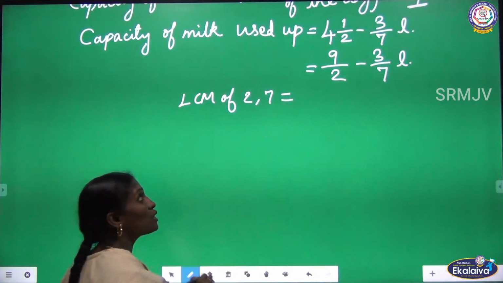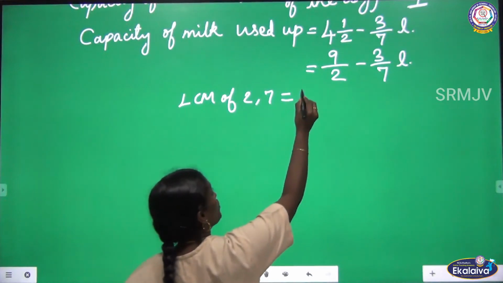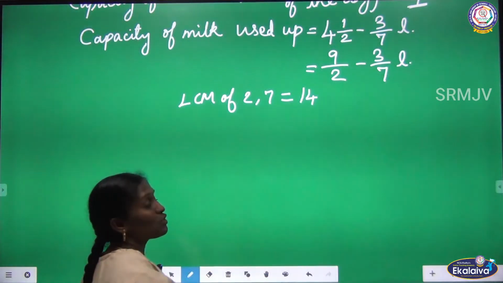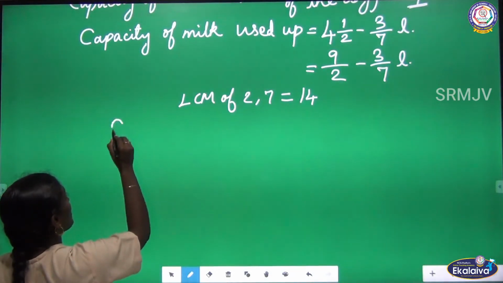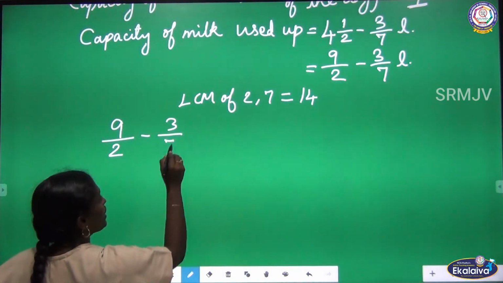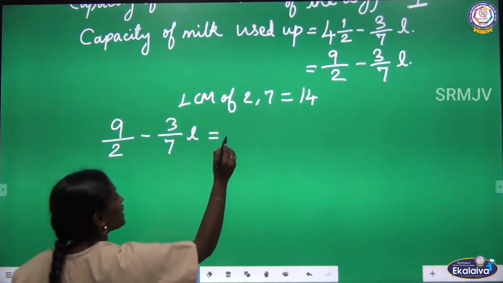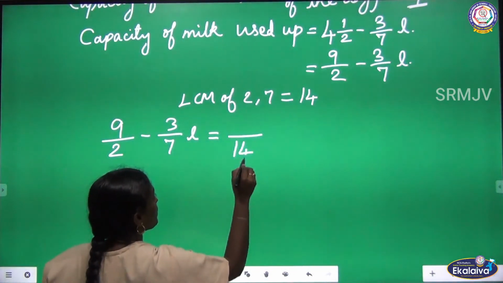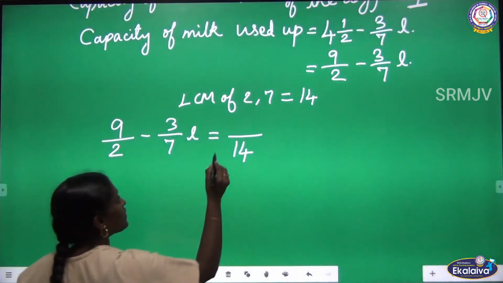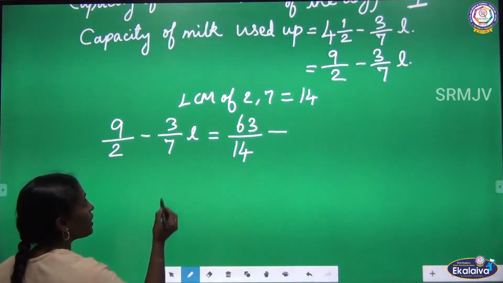Here, the numbers 2 and 7 are prime numbers, so the product of these two numbers is the LCM. 2 7s are 14. So 14 is the LCM. Now we have to convert these two fractions with the denominator 14. In the 2 table, when will you get 14? 7 times. So by the same number 7 we have to multiply the numerator. 9 7s are 63. So the first fraction is 63 by 14.